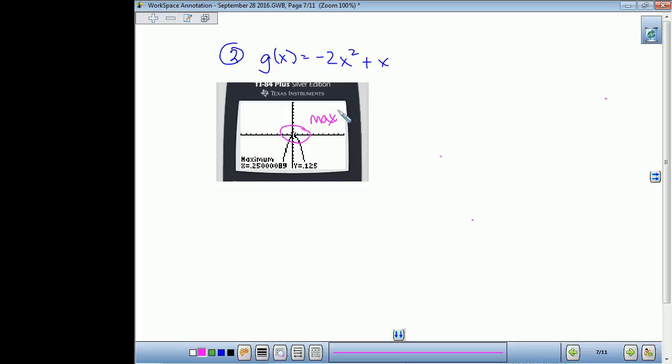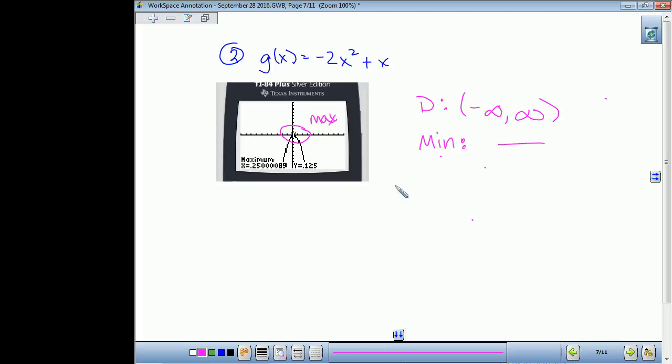Okay, so this function has a maximum, but it does not have a minimum, does it? Because it goes down forever. There's no min on this one. So when we go to list the domain of every quadratic, and all of our polynomial functions, it will always be from negative infinity to positive infinity. Min, this one doesn't have a min.